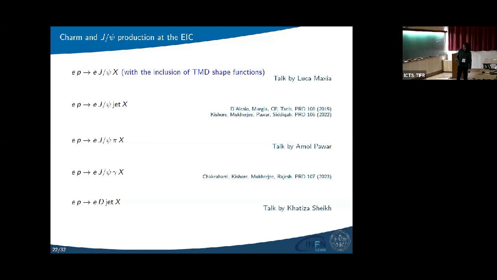So this is what I mentioned, that the name is the same, but the properties can be different. And this is a typical case, because the Boer-Mulders function for quarks is T odd. This is because we have to do with quarks, and this object is also chiral odd, right? While for gluons, which are spin 1, you don't have chirality, or you don't use it. So this is chiral even, and it is also T even.